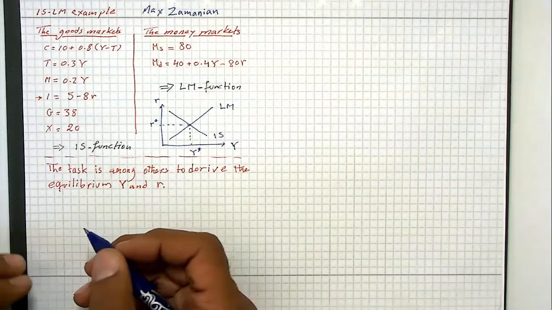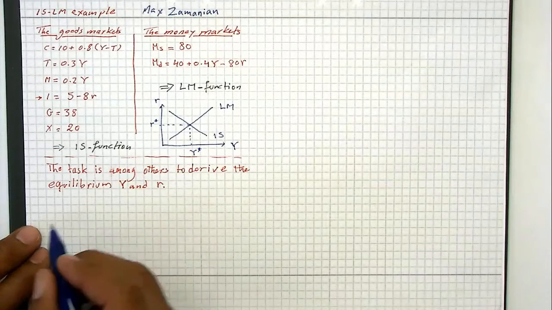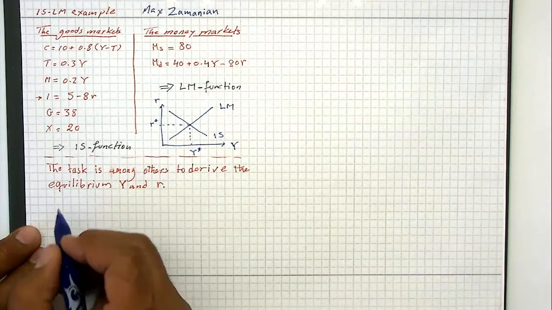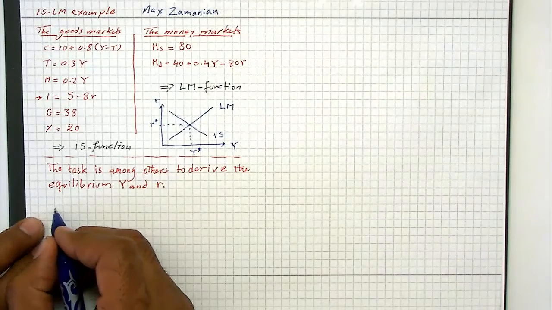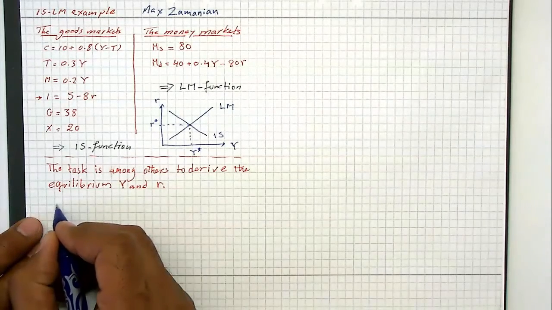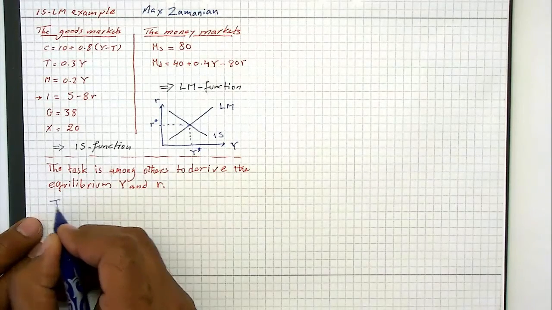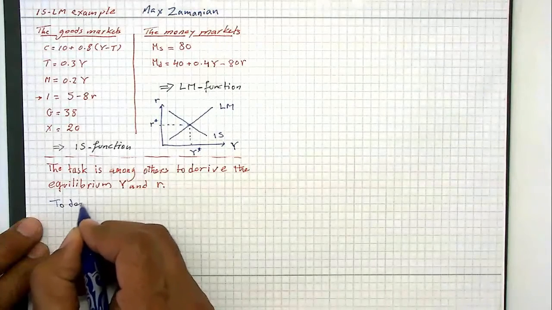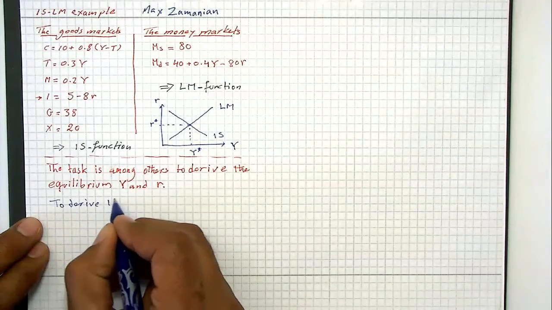All right, we can start by deriving the IS function here.